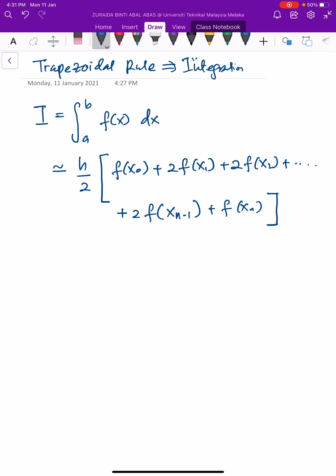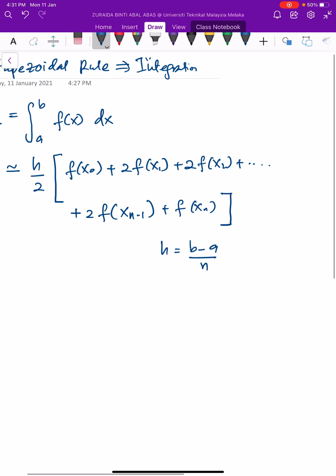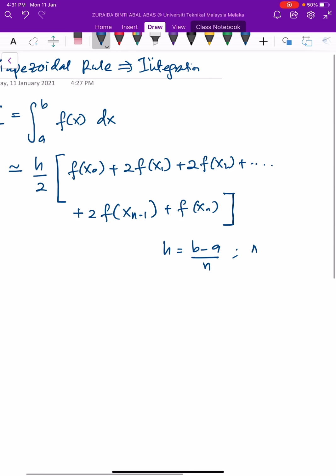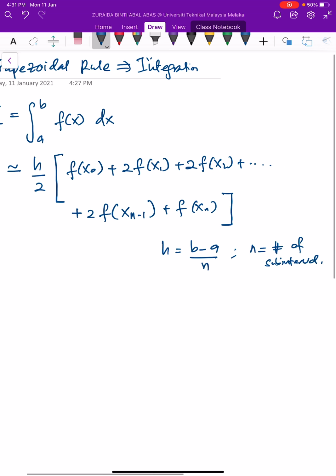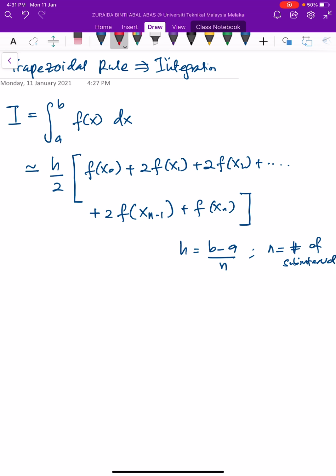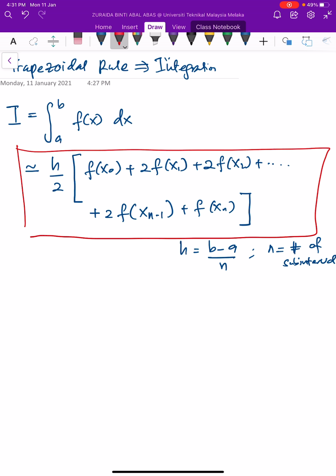Okay, and your h is equivalent to (b minus a) divided by n, and you have to take note here that n is the number of subintervals. Okay, so you need to memorize, in general you need to understand this formula for trapezoidal.